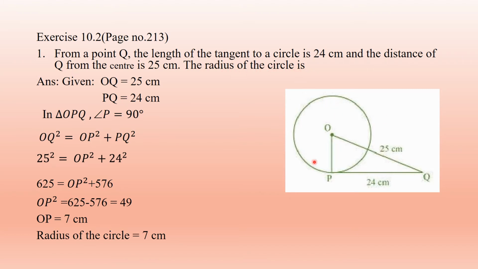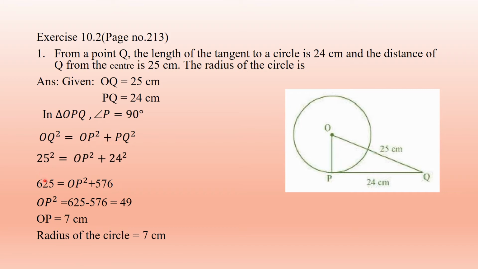We can see a circle with center O and PQ as the tangent from an exterior point Q. OP will be perpendicular to PQ and angle P will be 90 degrees. We can write triangle OPQ will be a right triangle. Applying Pythagoras property, we have OQ square is equal to OP square plus PQ square.